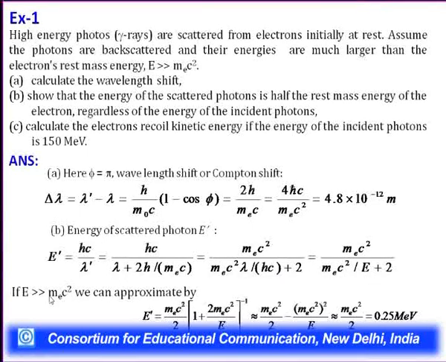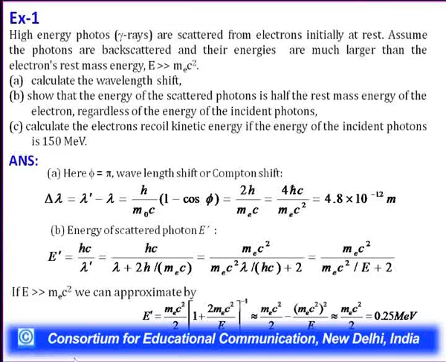If E is much greater than m_e c squared, we can approximate E dash as m_e c squared by 2, times 1 plus 2 m_e c squared by E. By solving this we have only m_e c squared by 2, and the value comes out to 0.25 mega electron volt.